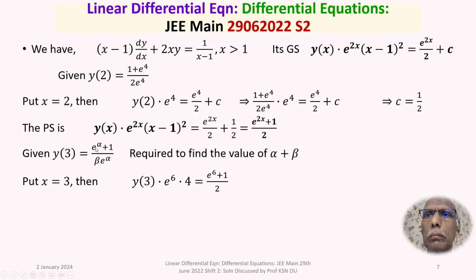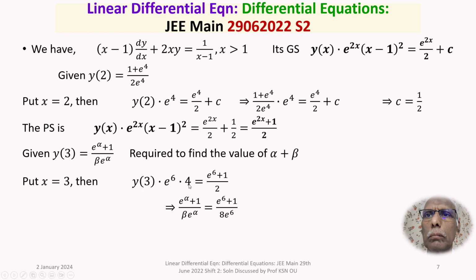Right. Now write down y of 3. Y of 3 is (e to the power of alpha plus 1) by (beta e to the power of alpha), and e to the power of 6 into 4, you send it to the right hand side. That will come in the denominator. So y of 3 equals (e to the power of 6 plus 1) by 2, and you send this to the right hand side, that will sit in the denominator.